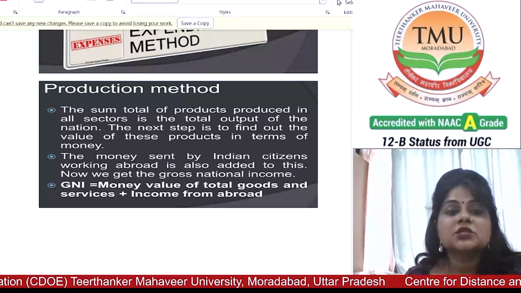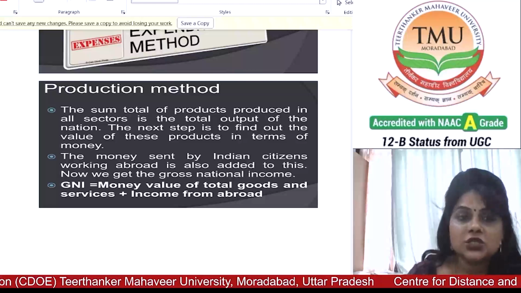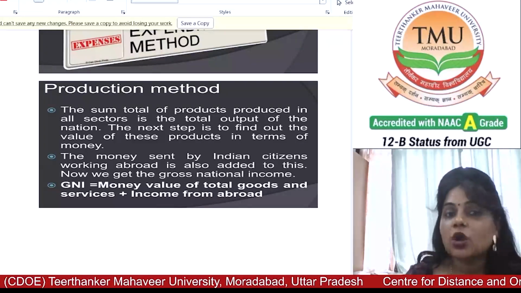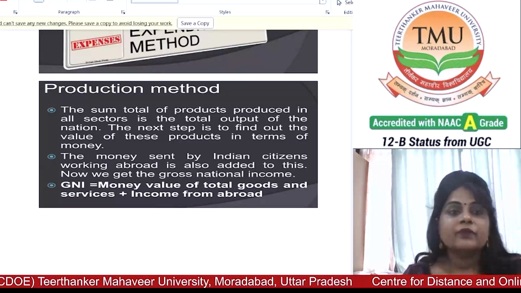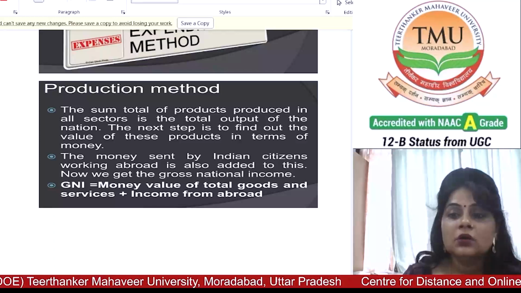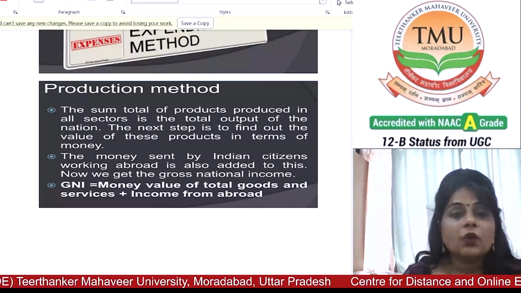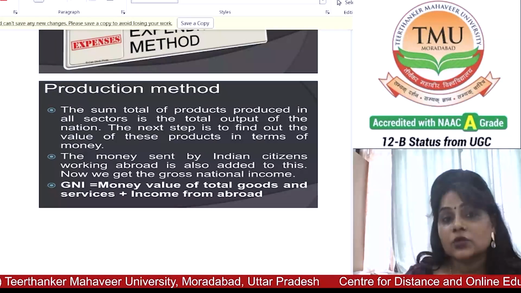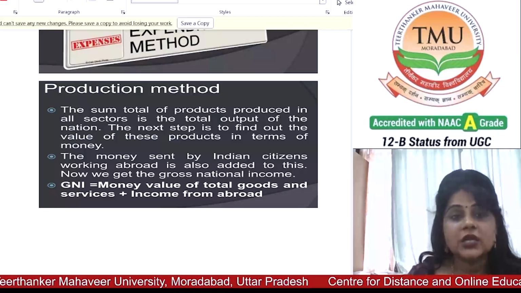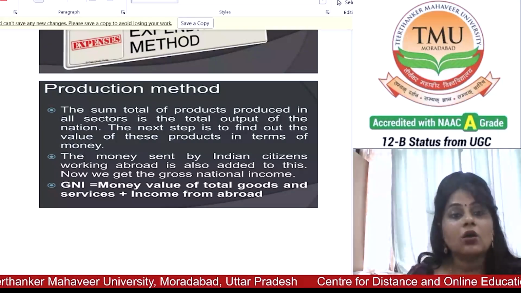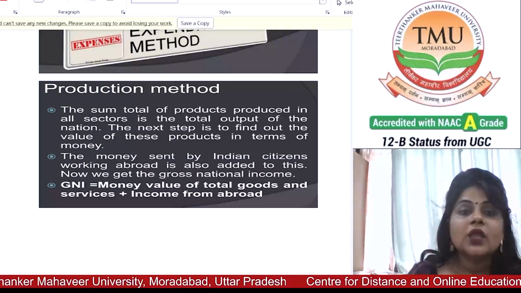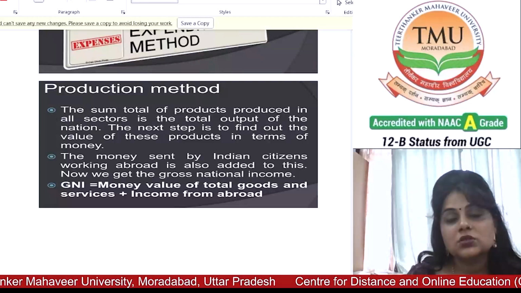Next, second-hand transactions. Sales and purchases of second-hand goods must not be included. The value of second-hand goods should not be included in national income, as these goods are already counted in the year they were produced.